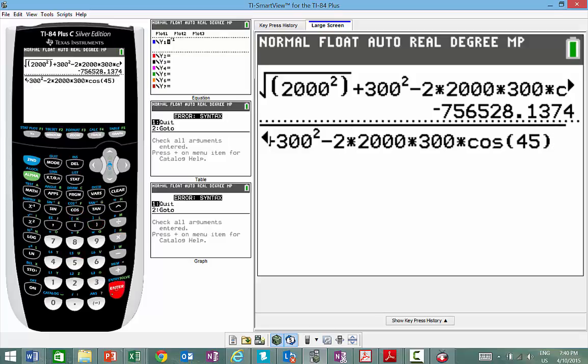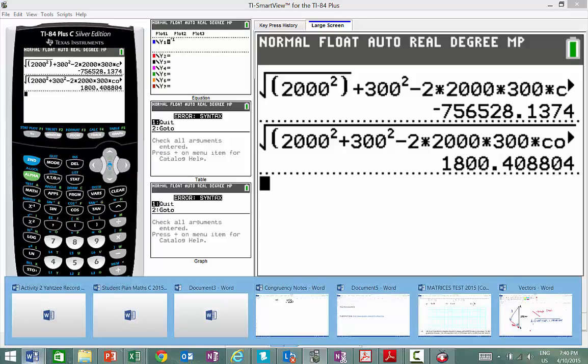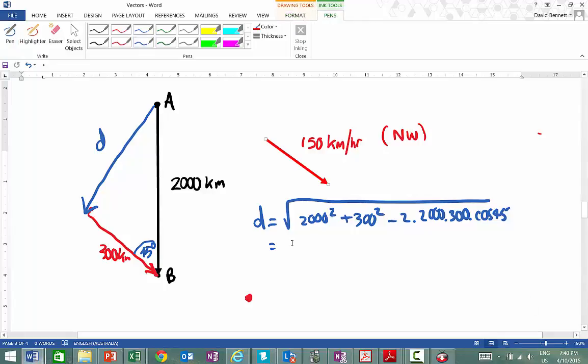Bracket, enter. That sounds like a more realistic answer. So it's about 1,800.4. So D is equal to 1,800.4 kilometres. That's how far I really need to travel.